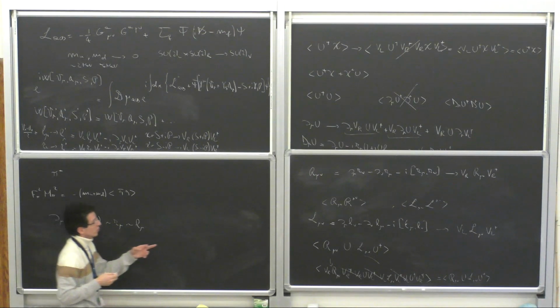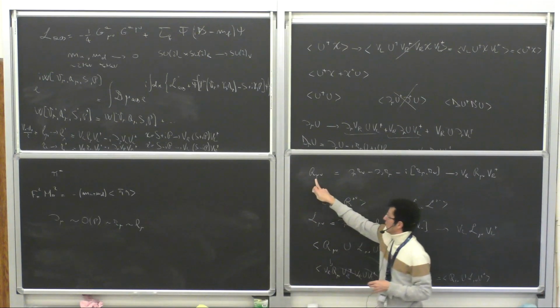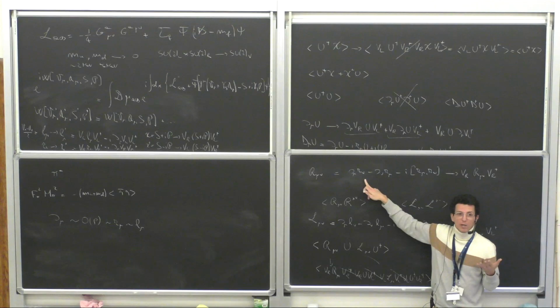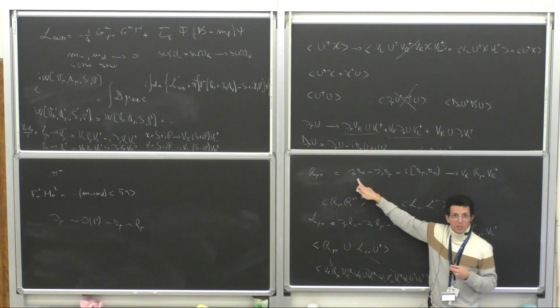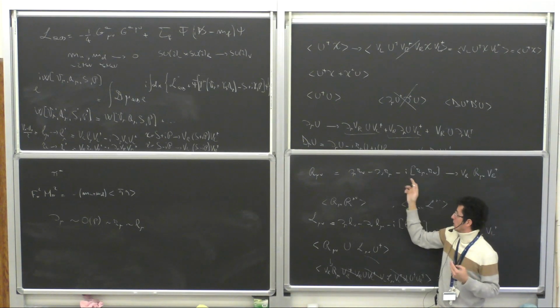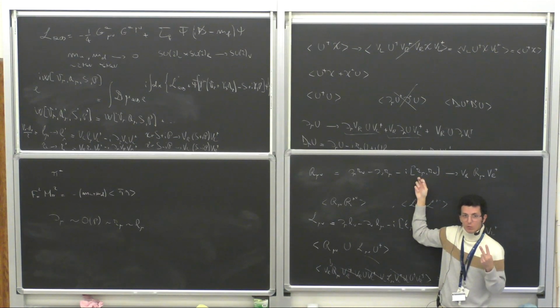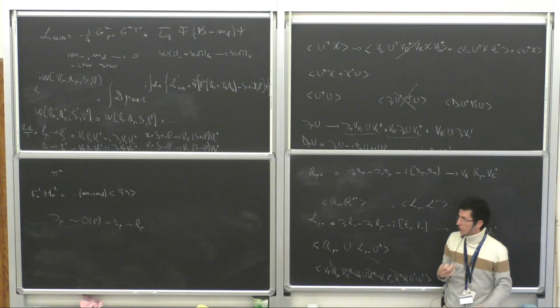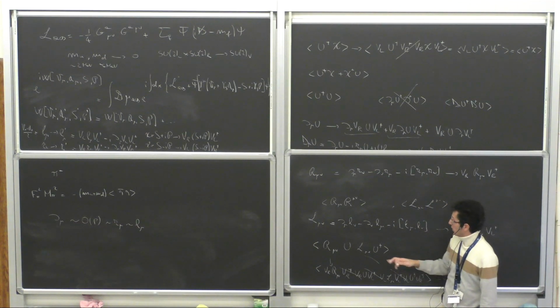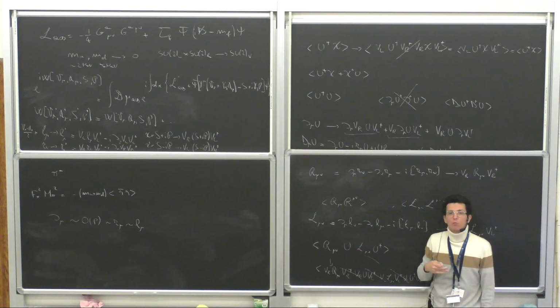For instance, this term R mu nu, with these rules, is of order P square because there is a derivative and one external source. Or in this contribution there are no derivatives, but there are two sources, so order P each. It makes order P square. So a term like this, for instance, has to be counted as order P to the 4.